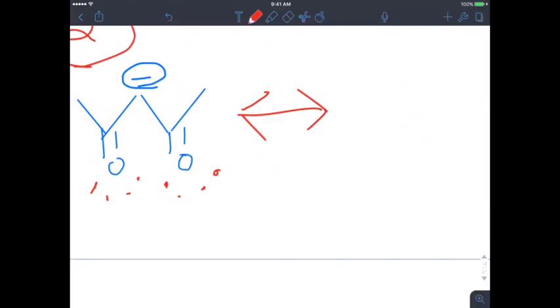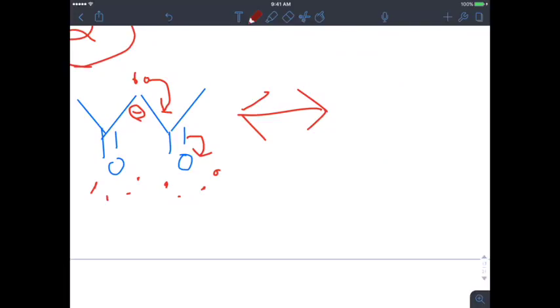And let's try to take that negative charge, which is also a lone pair. Let me just get rid of it for now. Okay, so maybe we can move this to the center here, and we can kick off one of these pi bonds and make another lone pair. And that way we can share the negative charge with this oxygen.